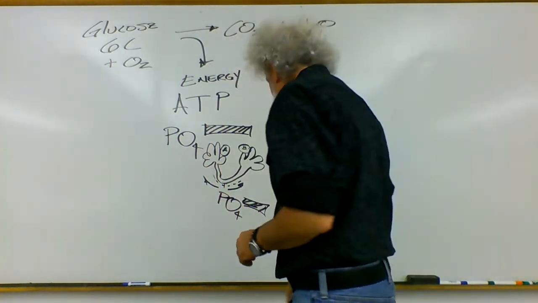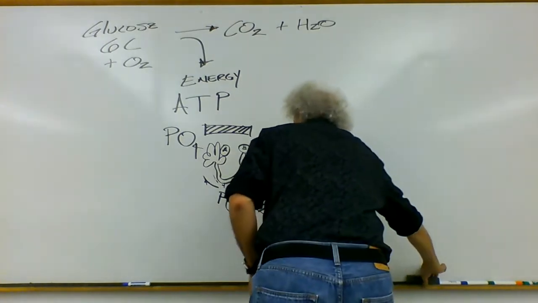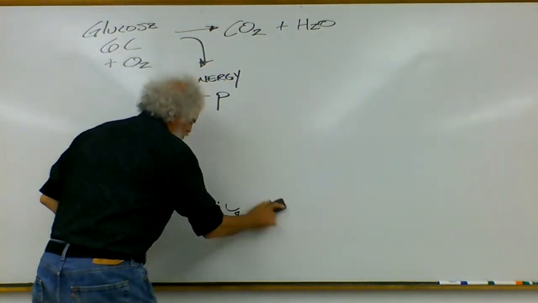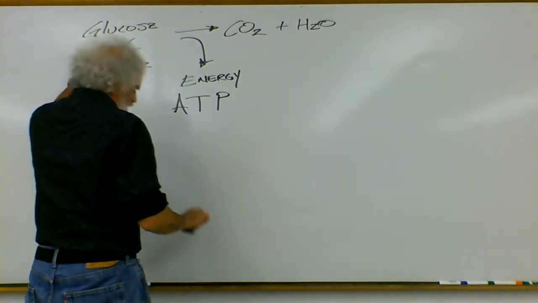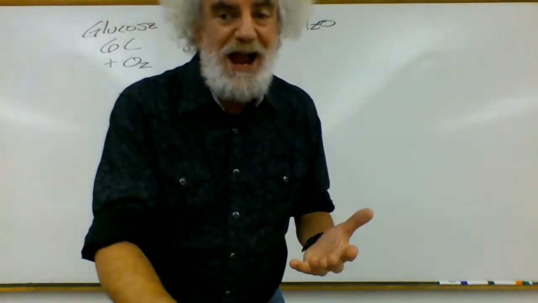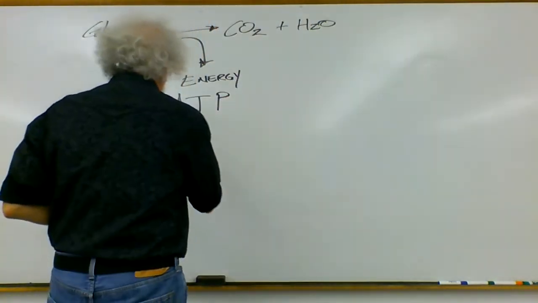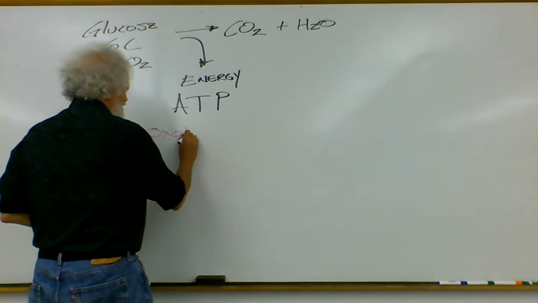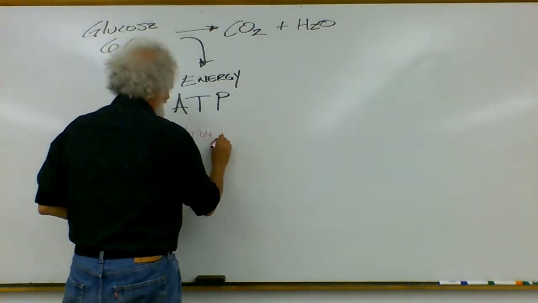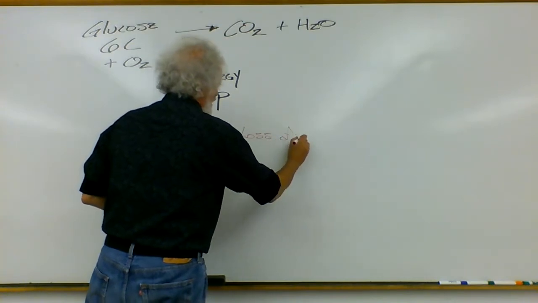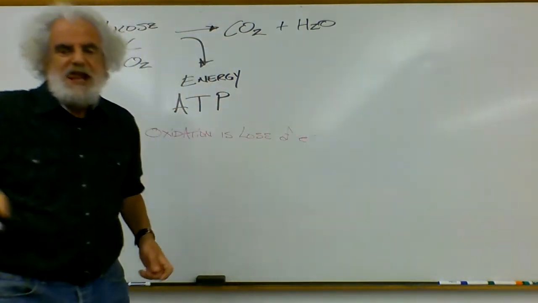All right. Now, if you recall, we were talking about the fact that breaking down molecules is typically an oxidation reaction. And remember, our mnemonic, oxidation is loss of electrons.